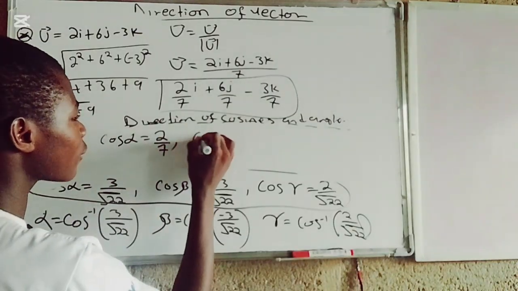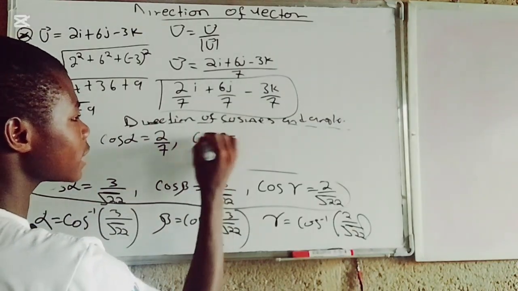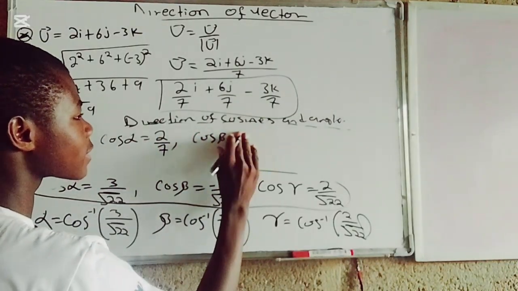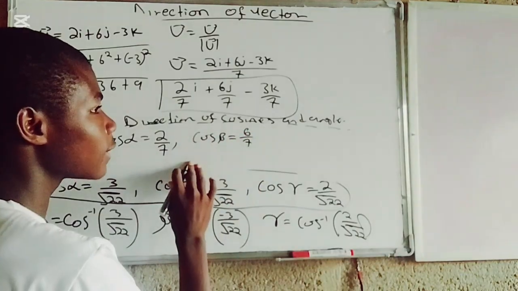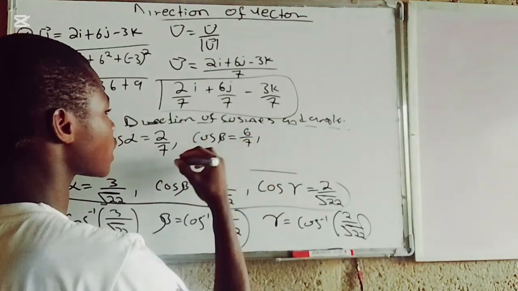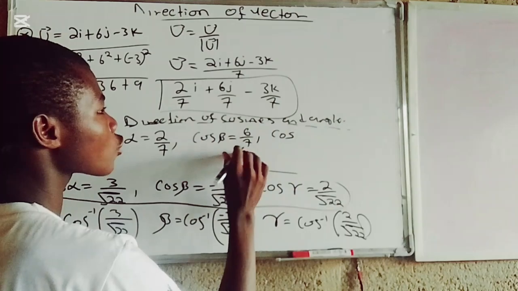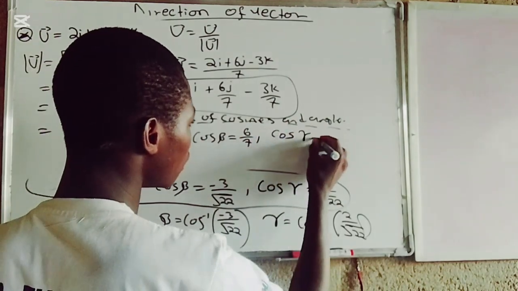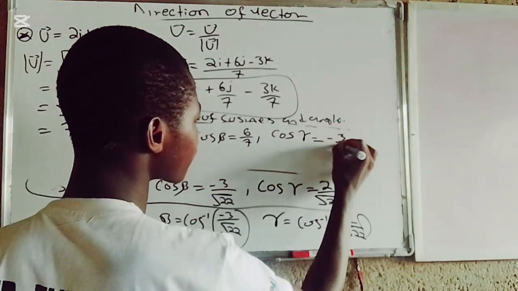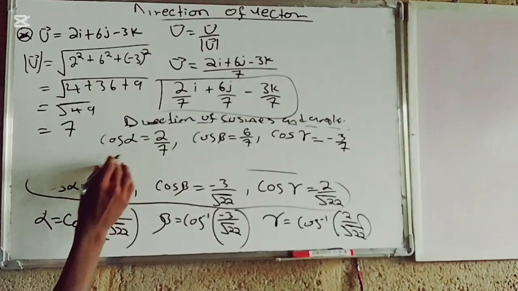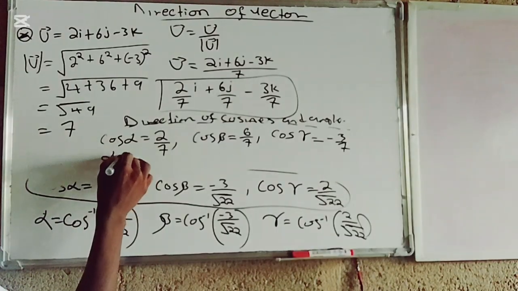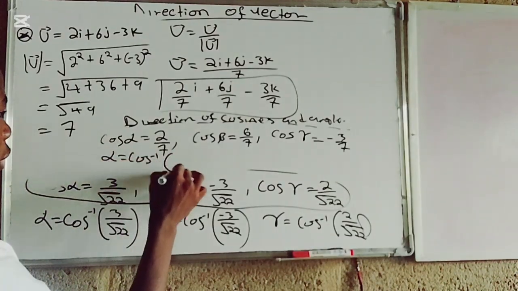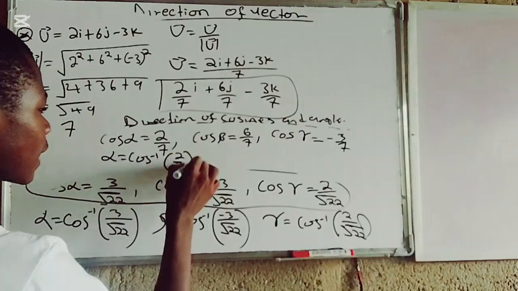And therefore cos beta is the same thing as 6 divided by 7. And cos gamma is the same thing as negative 3 by 7. After finding all this, alpha is the same thing as cos inverse of 2 by 7.